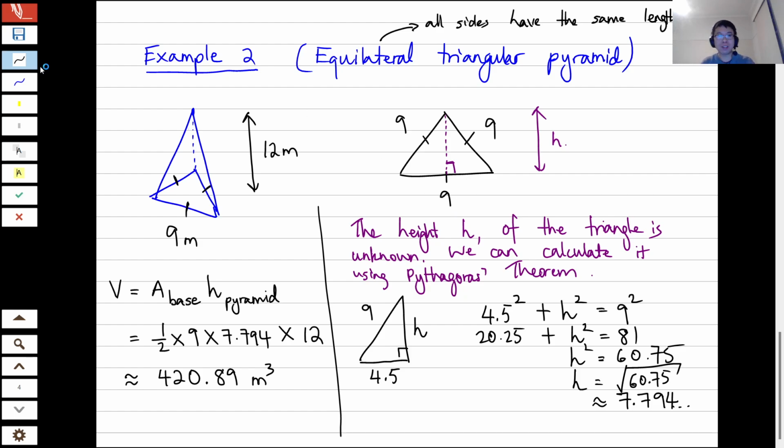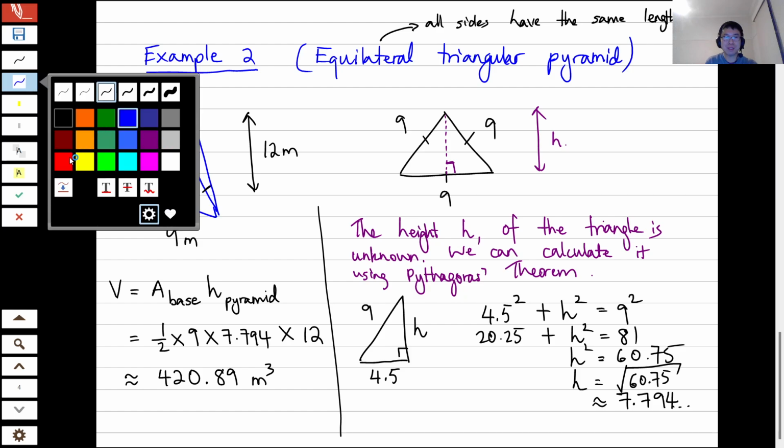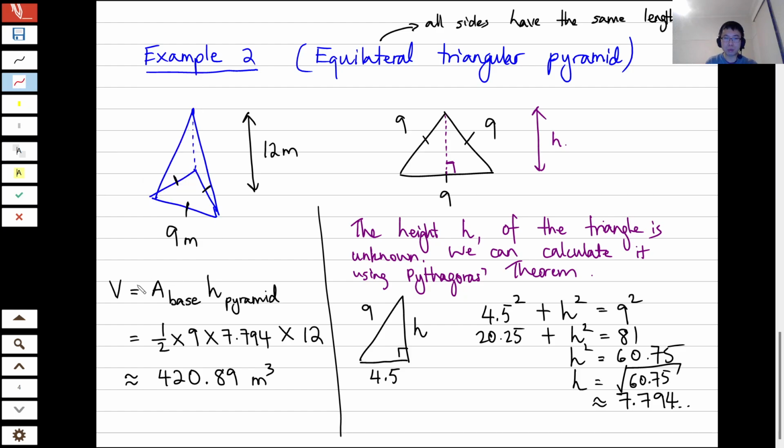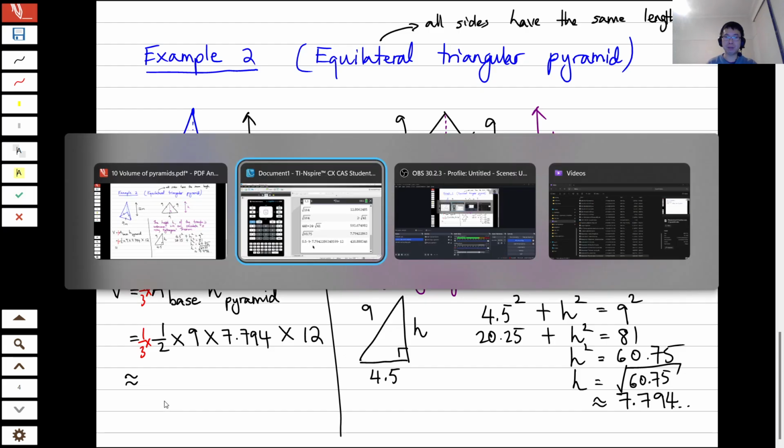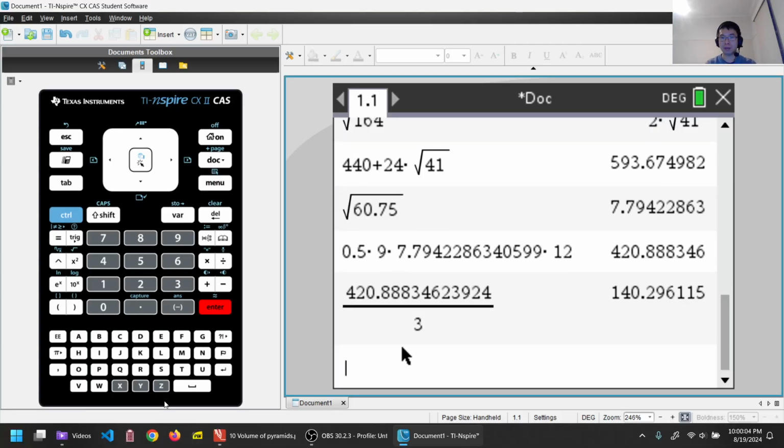And I've just noticed I've made a mistake because I need to do 1/3 times A times h. So hopefully you picked that up as you are watching this video. So I can take the answer to my previous calculation and divide it by 3.